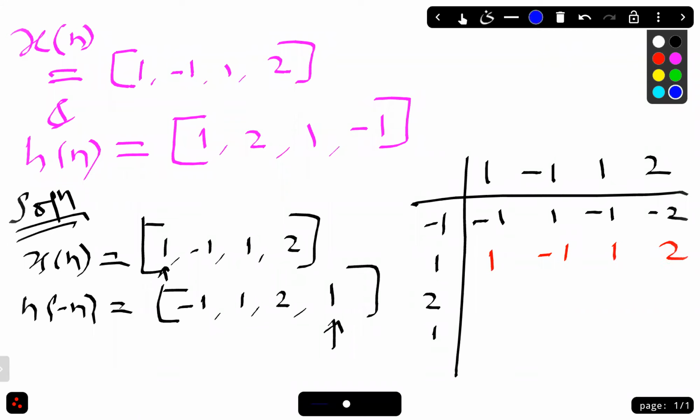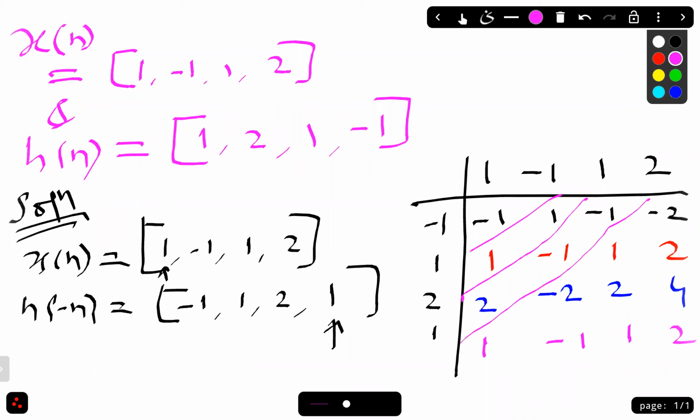Then 2, minus 2, 2 and 4. And lastly we have 1, minus 1, 1 and 2. So if you make the combination this way, while making combinations you have to be very careful.